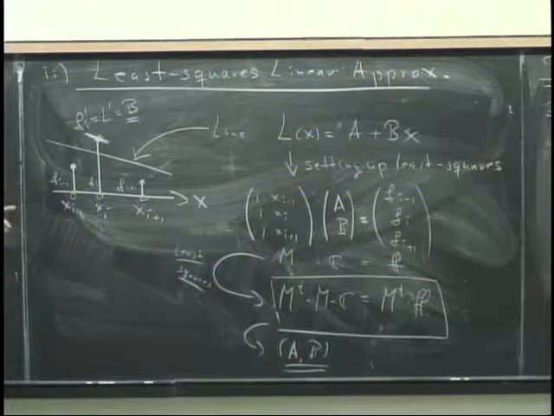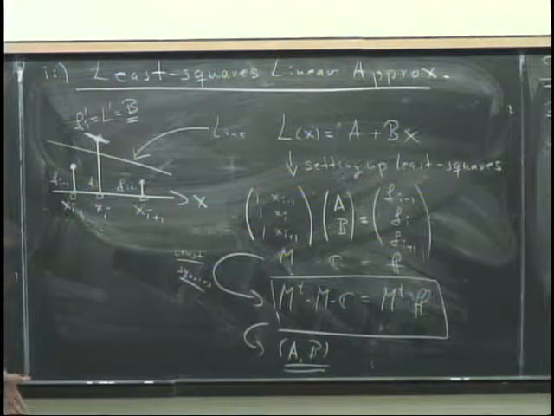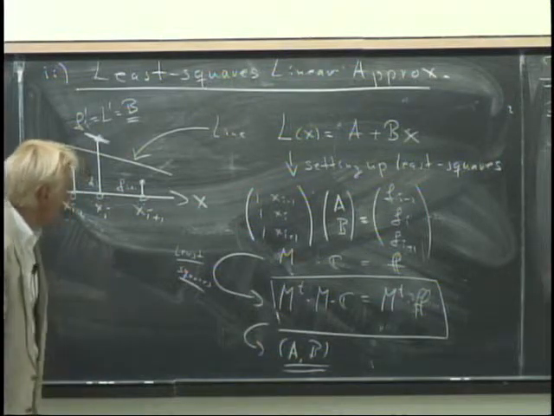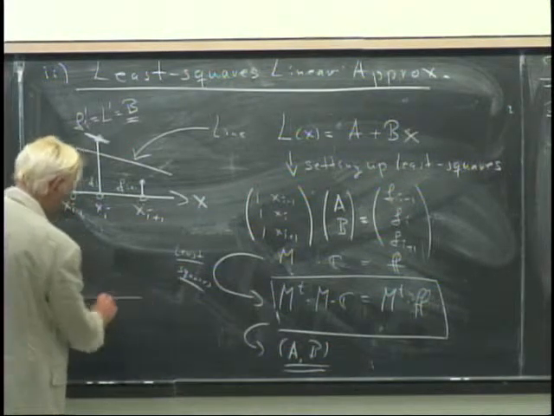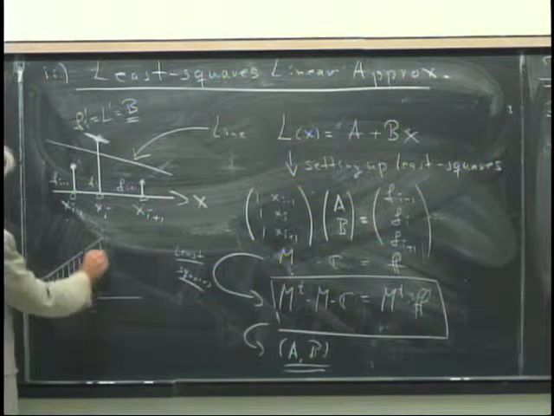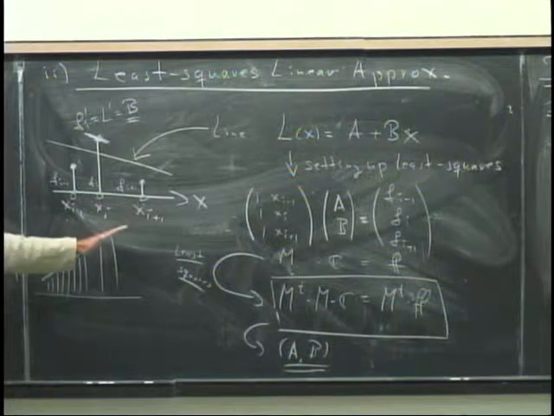Which approach is better? Fitting a parabola through the 3 points exactly versus computing this approximating line. Which one is better? If all your samples originated from a line, if this was your scattered data set, all your samples came from a line, then you would like to reproduce that line perfectly, right?